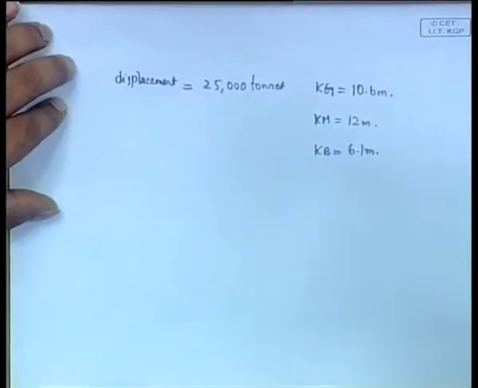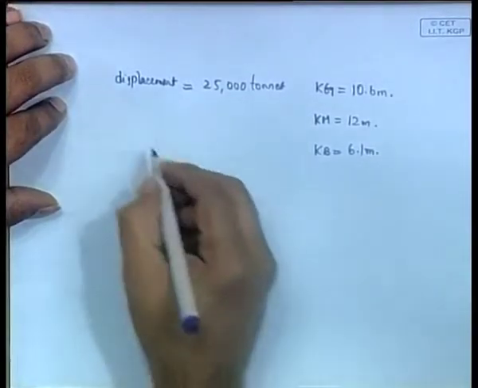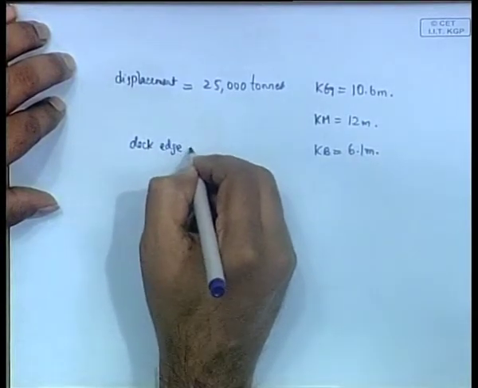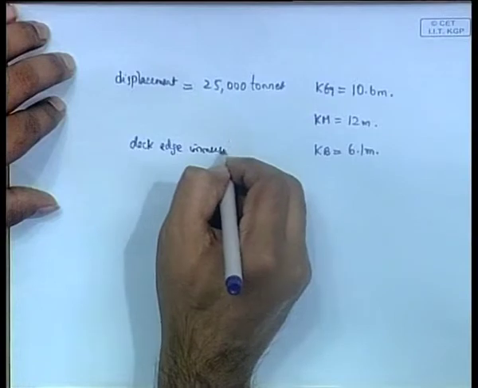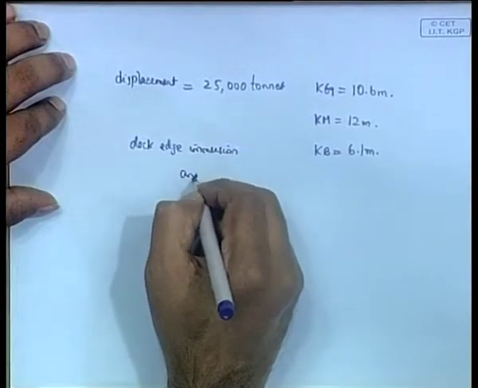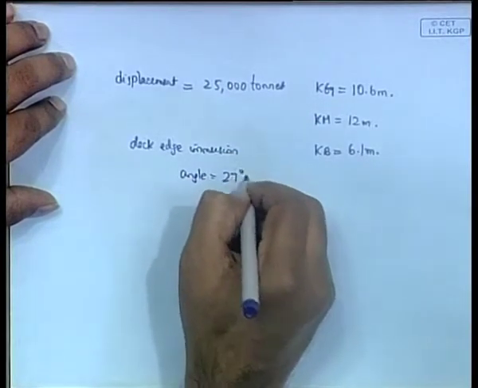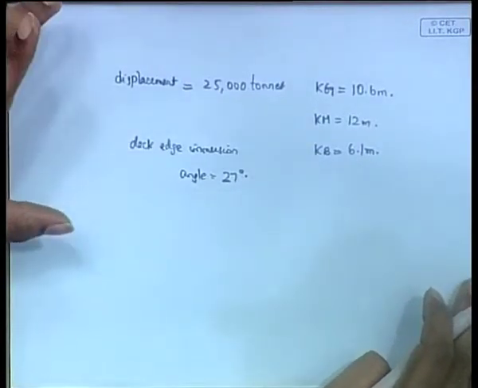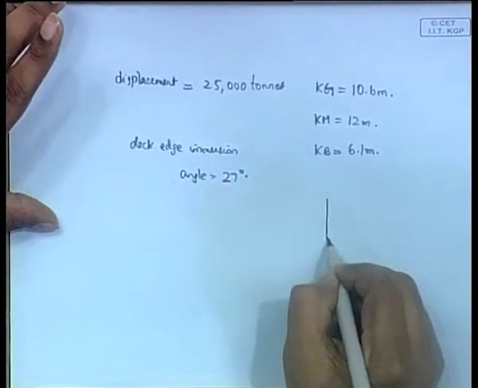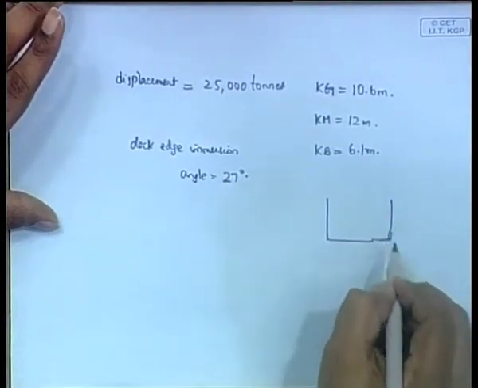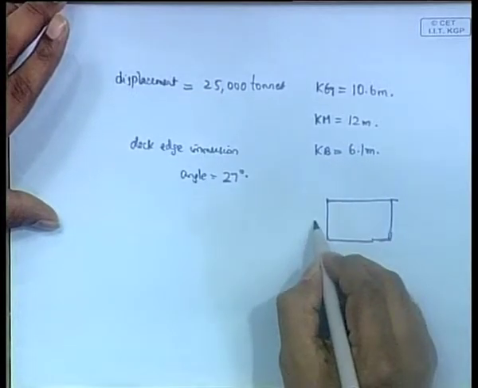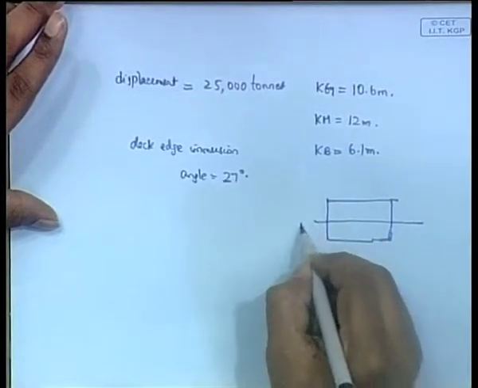Now you are also told that the angle of deck edge immersion is 27 degrees. The meaning of angle of deck edge immersion is that suppose you have a vessel like this. So, this is obviously your deck, and this is your W0L0.